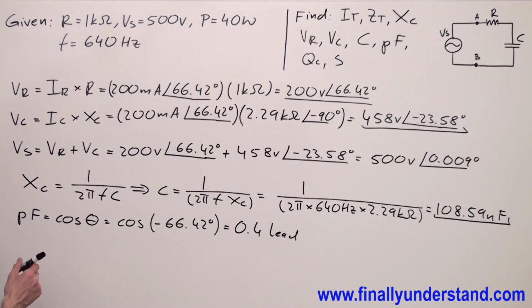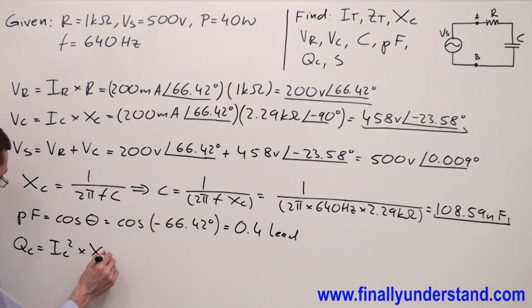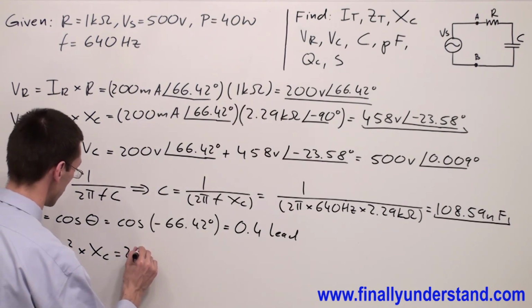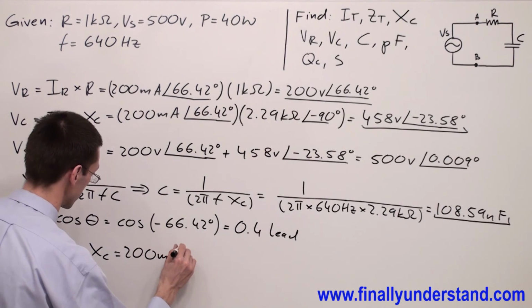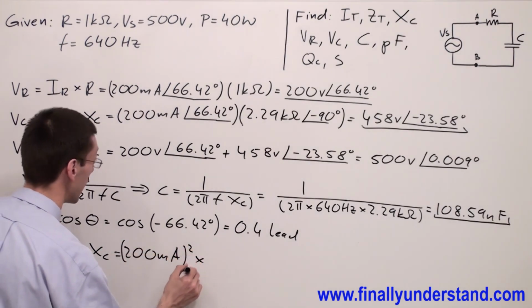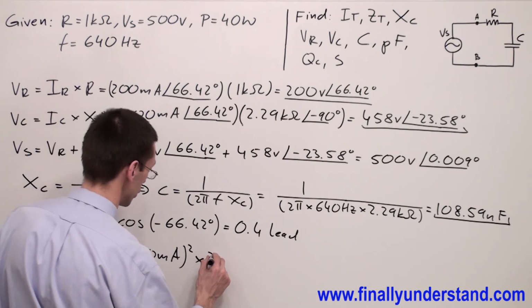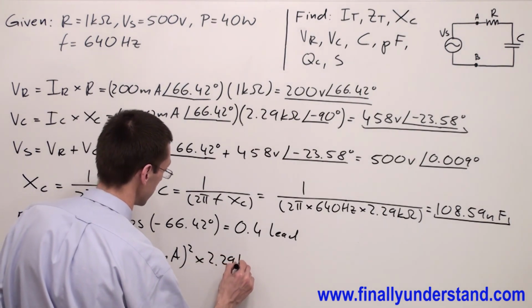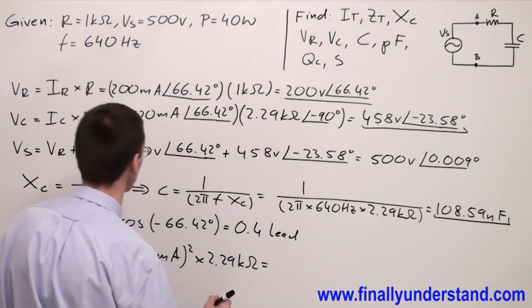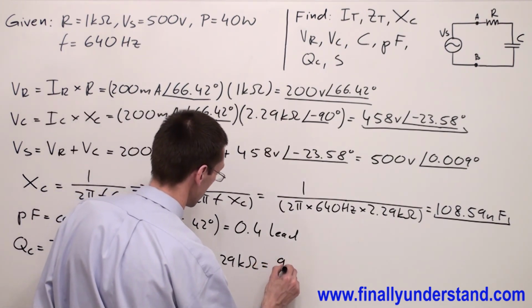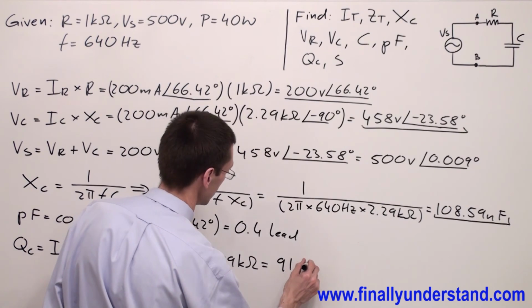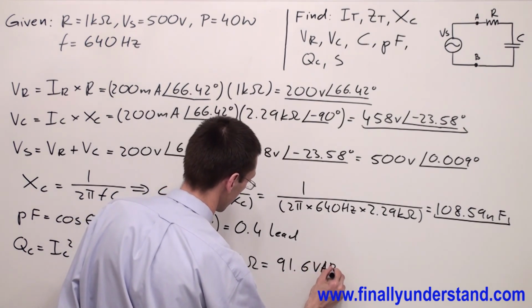Next, we're supposed to find the reactive power. So QC is equal to IC square times X of C, which is equal to 200 milliamps raised to the second power times X of C, which is equal to 2.29 kiloohms. So your reactive power has to be equal to 91.6 VAR.